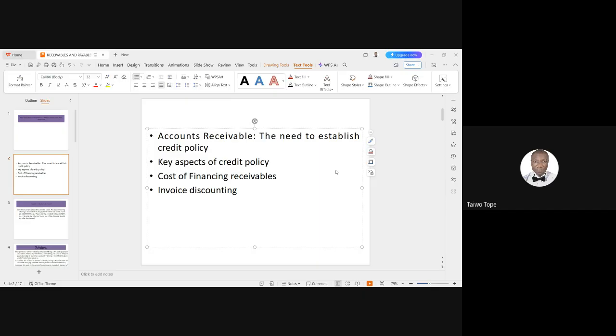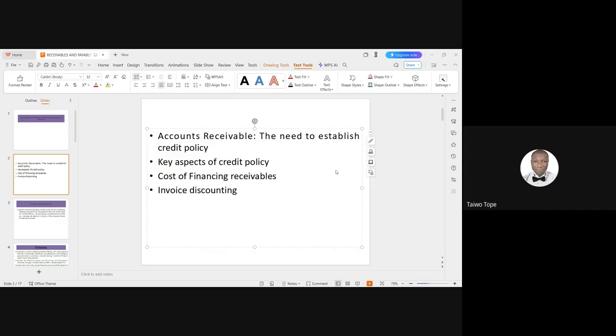But in an ideal society, once a new customer sets in, the key thing is to quickly assess its credit worthiness. For existing customers, even if they are faithful and credit worthy, there should be a way for you to keep evaluating their credit worthiness.